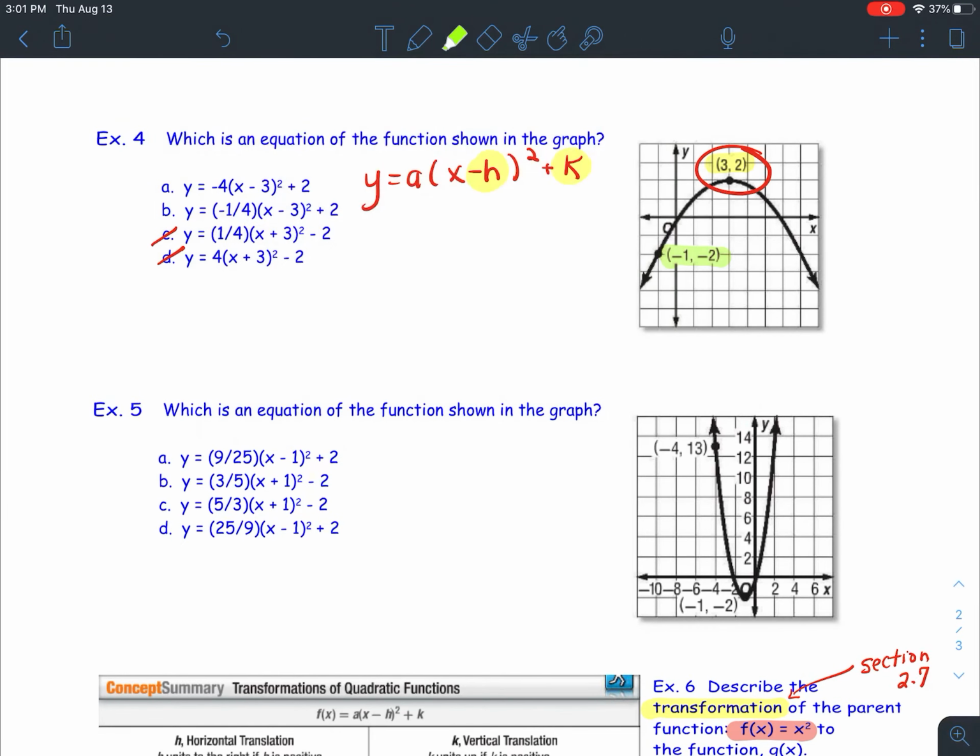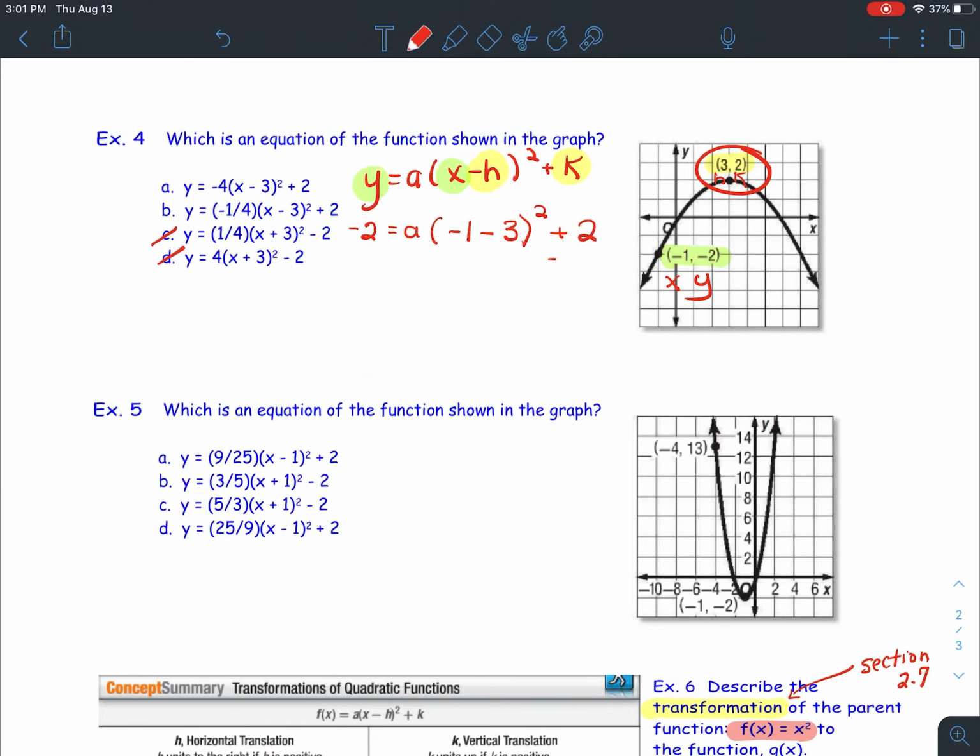And then we're going to plug in the coordinates of the vertex in for the h and the k, and then we're going to plug in the x and the y coordinate of this extra point here in for the x and the y in the equation. And if we make those 4 substitutions for the h, the k, the x, and the y, the only remaining variable would be the a, and we can use algebra to solve backwards for the a, and then we'll know which a is the correct a for our equation.